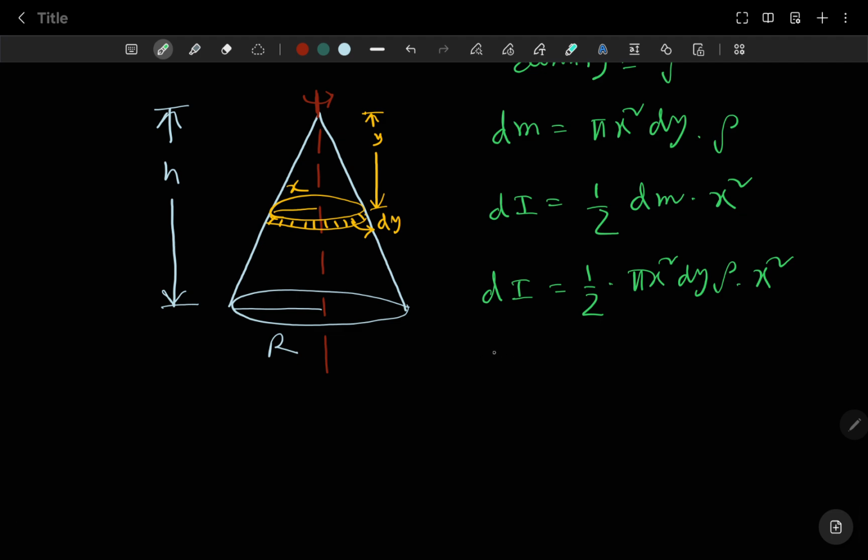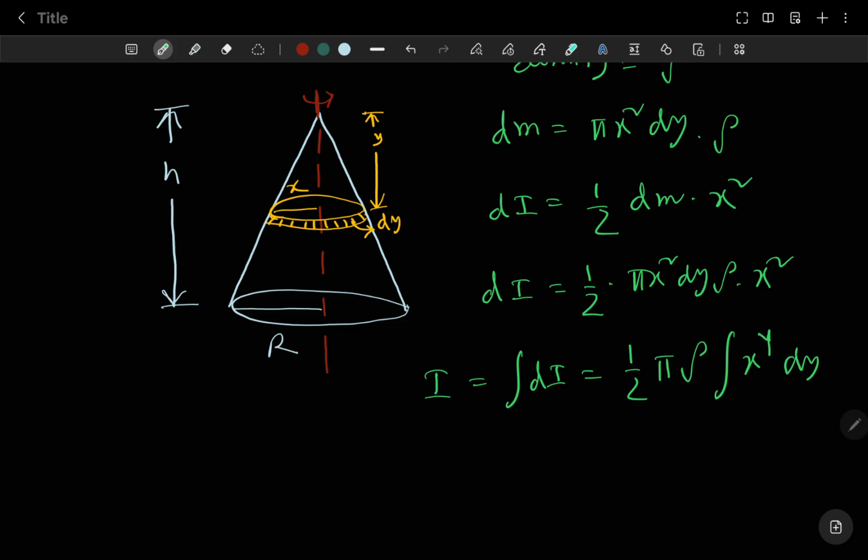So if we have to calculate the total moment of inertia, we must integrate it. So half pi rho, it will be integral x to the power 4 dy, right?